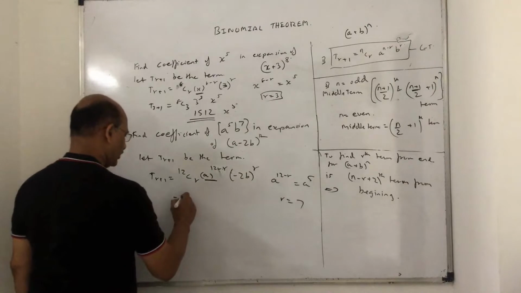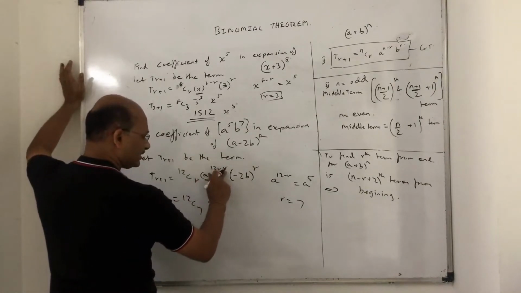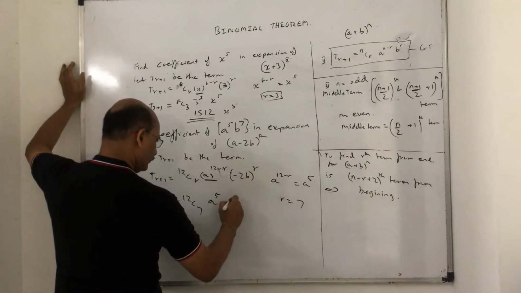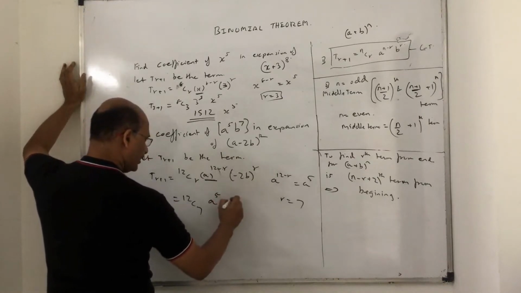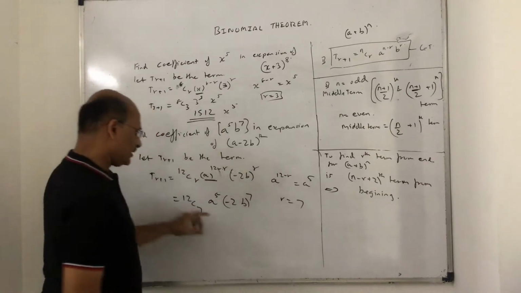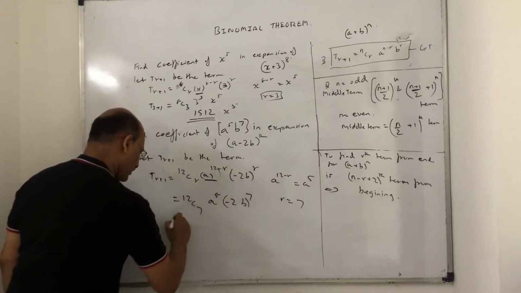So in short, it is 12C7, a raised to (12 minus 7), which is nothing but 5, and (minus 2b) raised to 7. So very simple to work. Minus 2 raised to an odd number is minus.